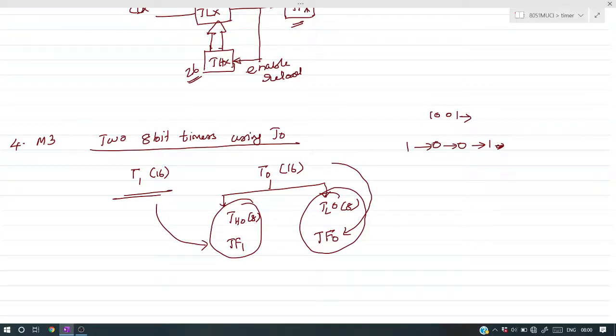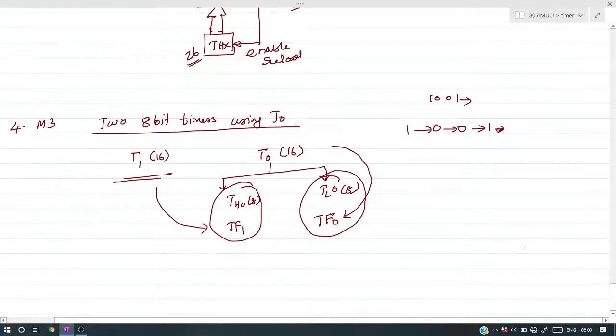In this mode, we make use of TF1 as the overflow flag for TH0. Here we can have two independent timers: TL0, which is 8-bit, and TH0, 8-bit.